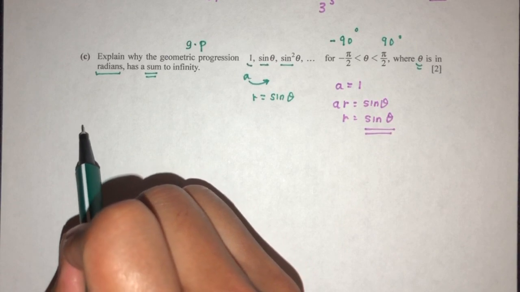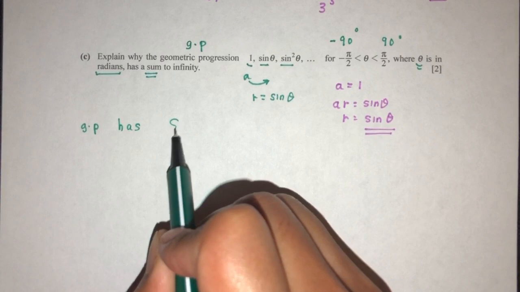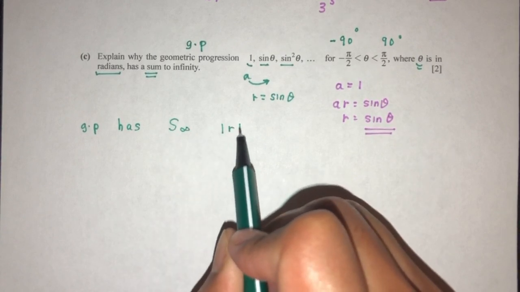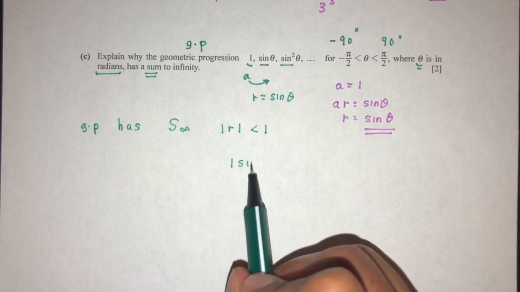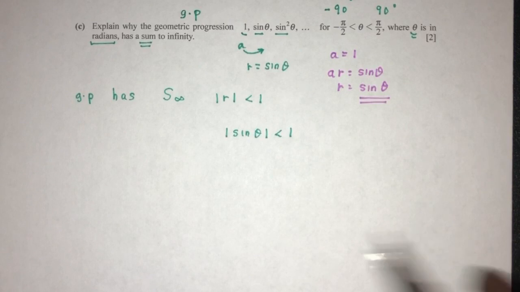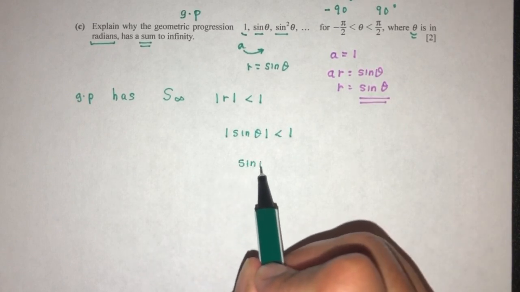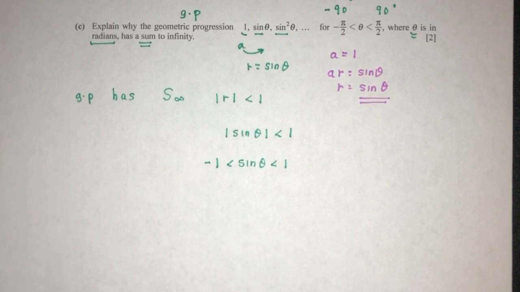We know that a GP has a sum to infinity when the modulus of r is less than 1. So replacing, you have the modulus of sine theta less than 1. Now the way we can write this is that sine theta lies between minus 1 and 1, because we have to know how to break this down.